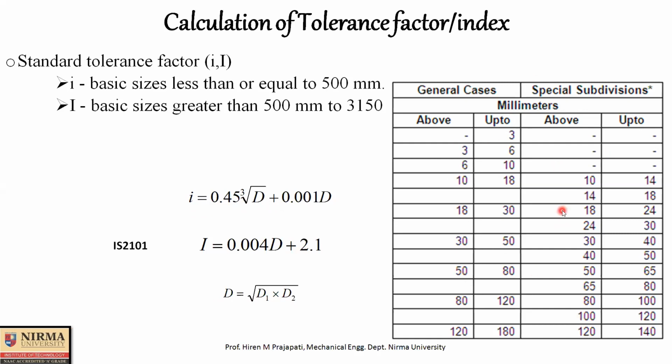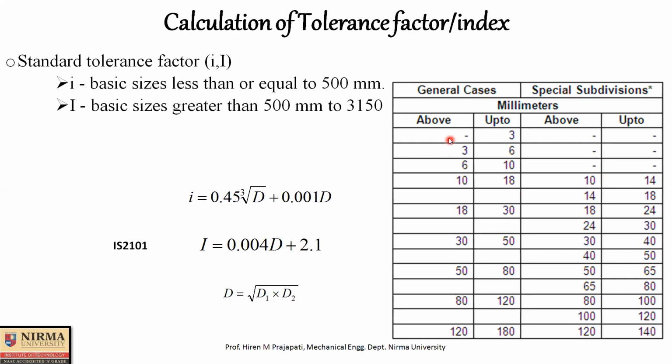This table indicates step sizes for the basic size. As you know, basic size is the design dimension of your mechanical component. Two different step size series are indicated: this is called the general case and this is called the special case.